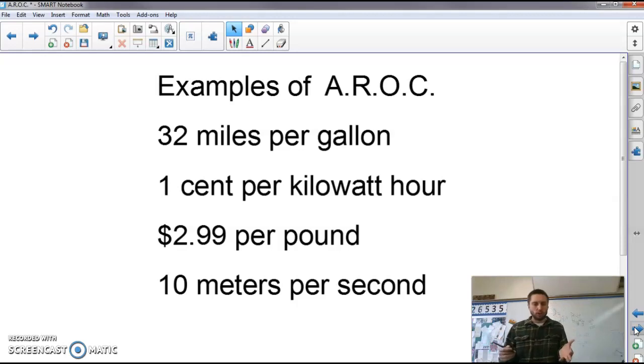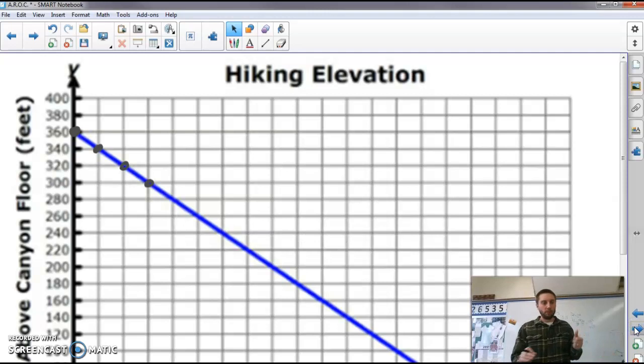Or if you go to the grocery store and you buy some hamburger meat, it might be $2.99 per pound. So that's a rate, dollars per pound. Or if you're watching the Olympics, people are swimming, they might be swimming at a rate of 10 meters per second. So these are our rates. We have the y value, like meters, the x value would be seconds, 10 meters per second. Okay, so those are some examples of what you might be looking for.